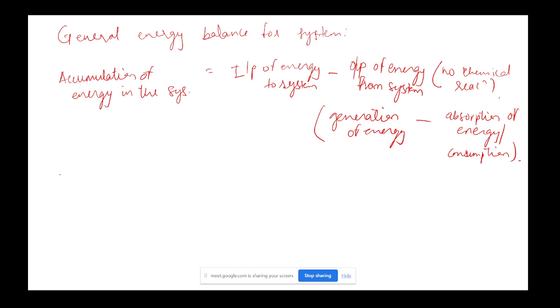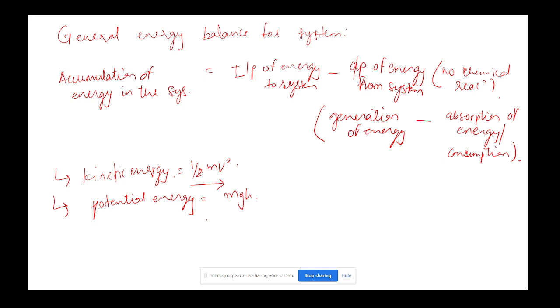So we had studied kinetic energy, which is represented by half mv square, which is nothing but the energy related to a moving body. Then we had studied about potential energy, which is nothing but mgh, which is the energy stored when we keep an object away from the driving force in the opposite direction.